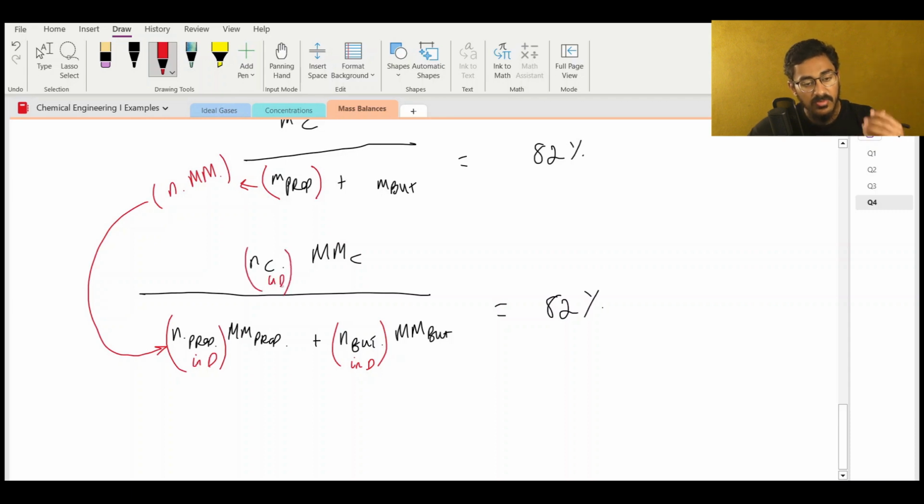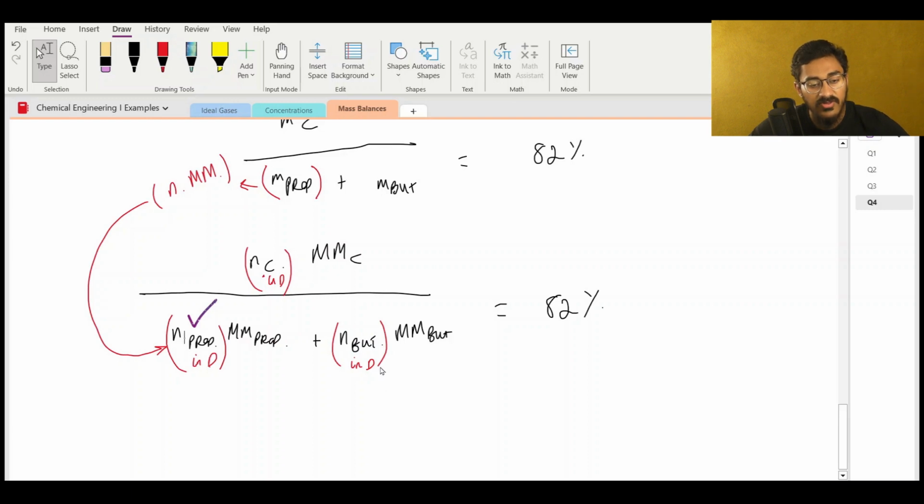So you might think I'm a bit excessive with my subscripts, but as you start to do more complex systems, it becomes very important that your subscript naming is on point, because it's very easy to make a mistake somewhere along the line. So I know the number of moles of propane in the distillate, but I don't know the number of moles of carbon, and I don't know the number of moles of butane.